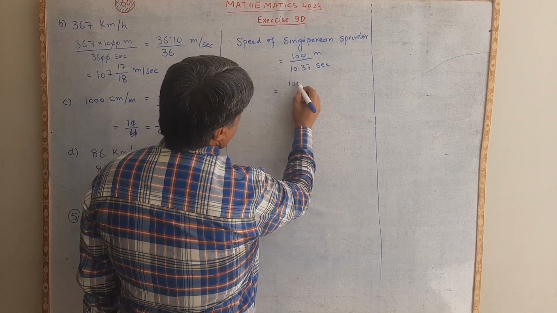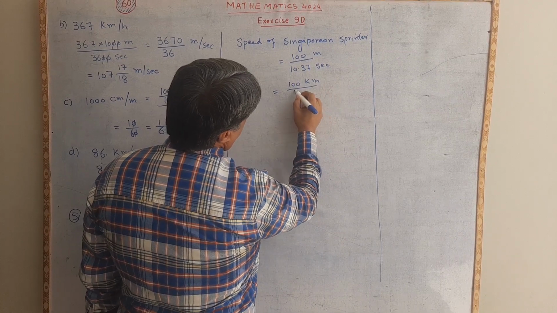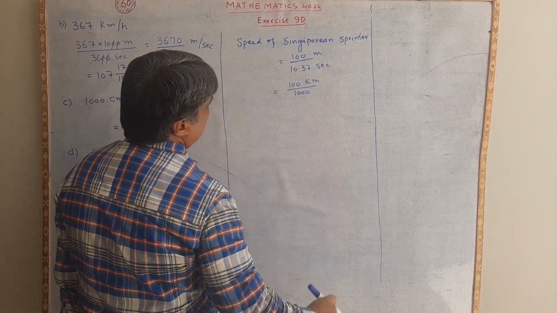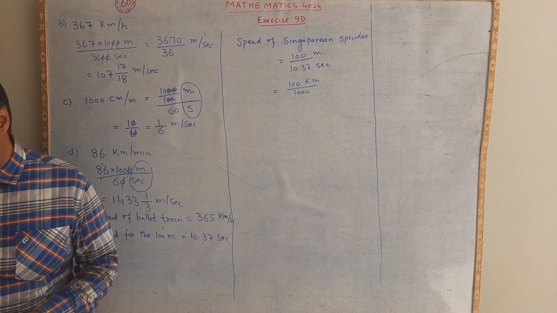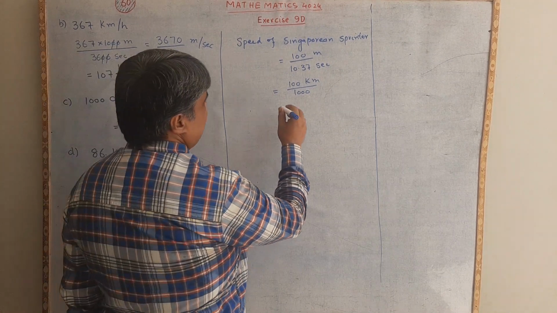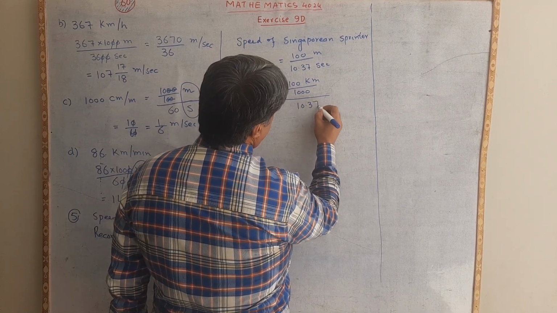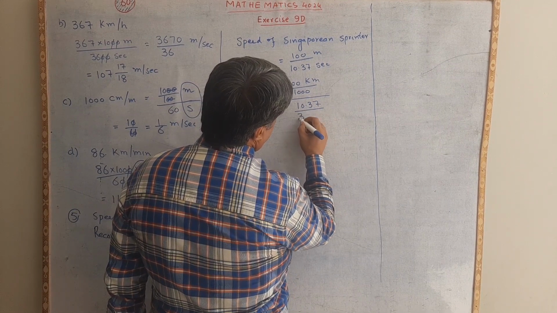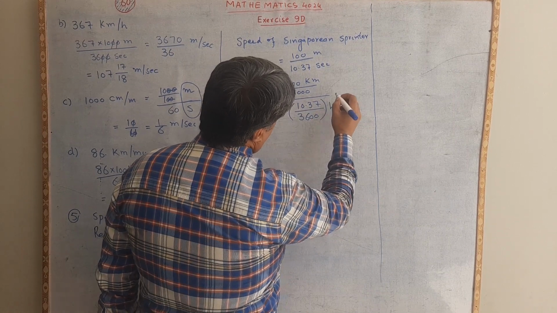So 100, we are introducing kilo, so we have to divide it by 1000. And because we are introducing hour, so 10.37 divided by 3600 hours.